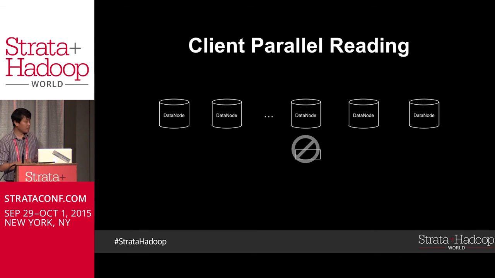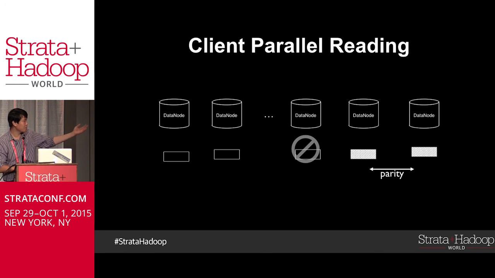If there's any failure, we trigger a full stripe read, which includes both the original data and the parity data. That's a key trade-off between replication and erasure coding. For erasure coding, data recovery is slower. You're reading many data units from the network, and the client needs to do the calculation locally. That's why the data node background recovery is very important.